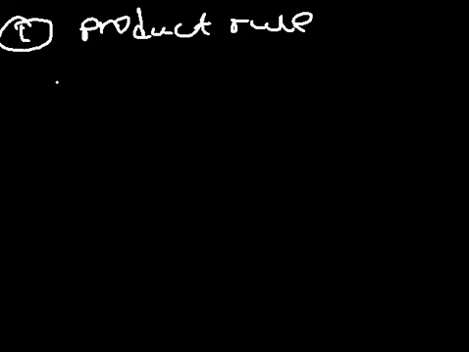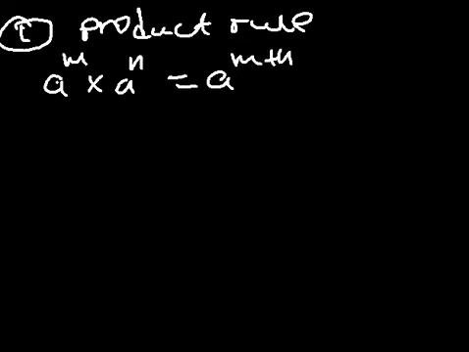In this case, if we have a to the power m times a to the power n, this is the same as a to the power m plus n. This is happening because the bases are the same, so we just add the powers.